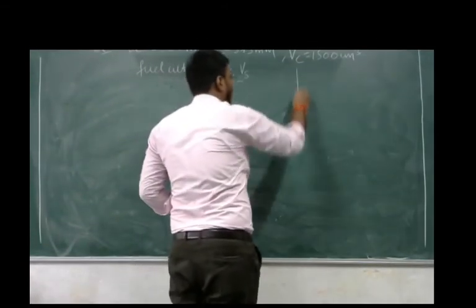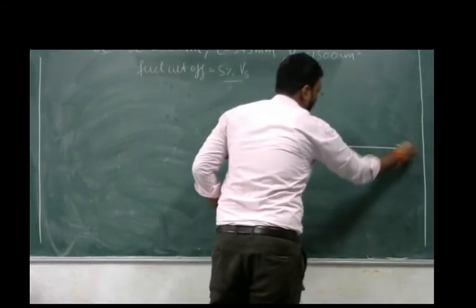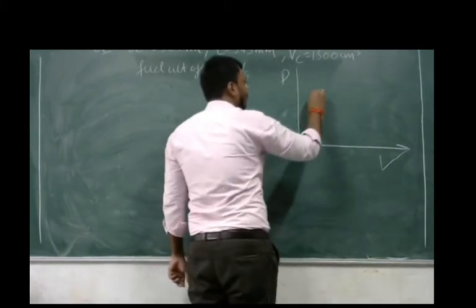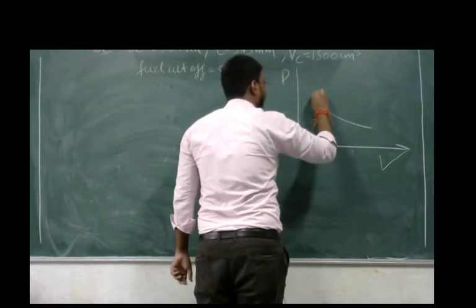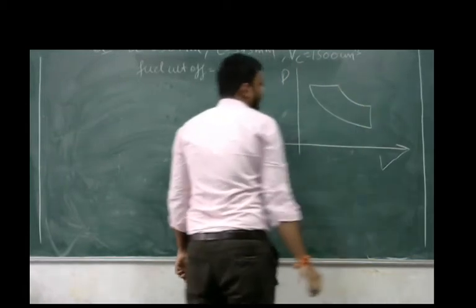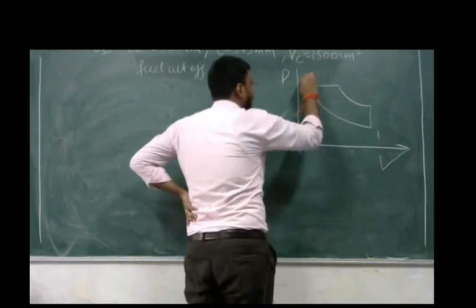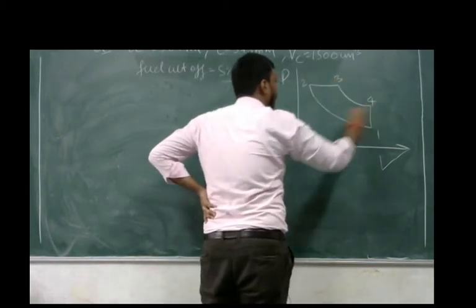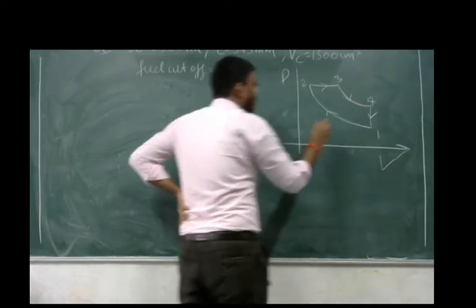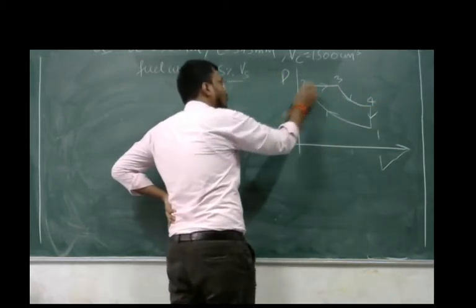So here I am drawing the PV diagram for the diesel cycle. You all know it very well: points 1, 2, 3, 4. Fuel cutoff occurs from point 2 to 3.